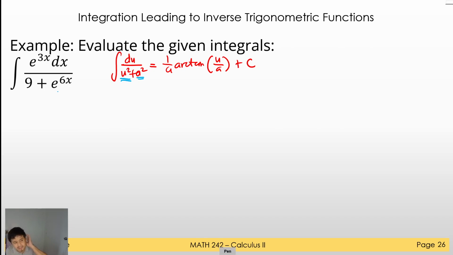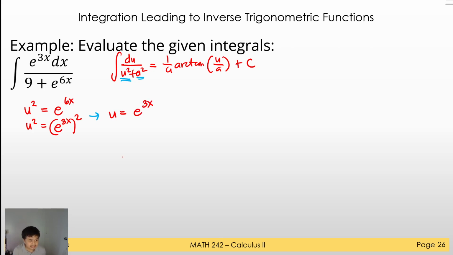It is not obvious, but if we let u squared be e raised to 6x, that basically means u squared is equal to e raised to 3x squared. So we can say that u is equal to e raised to 3x.